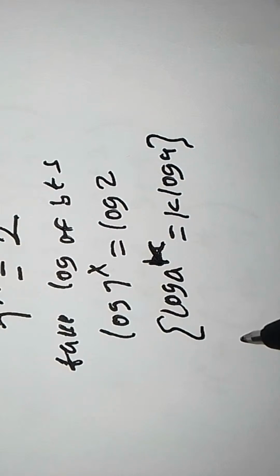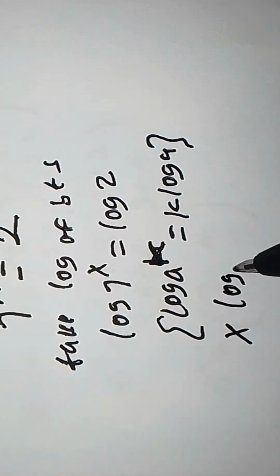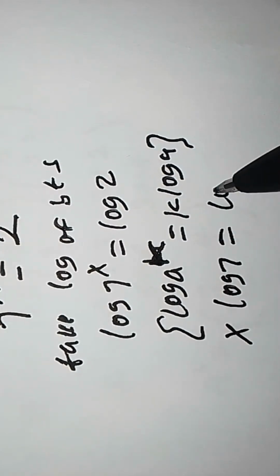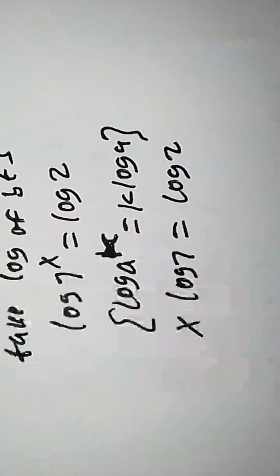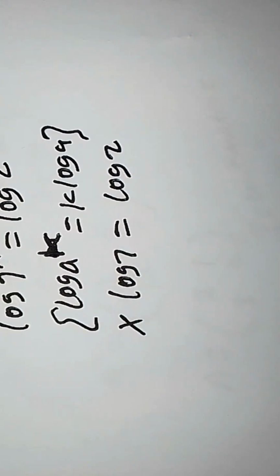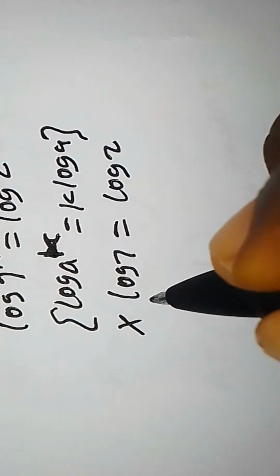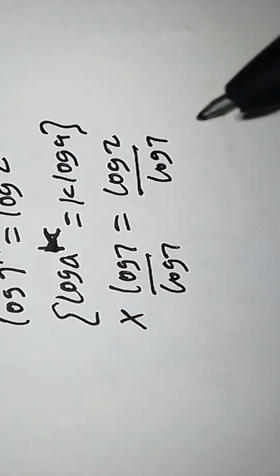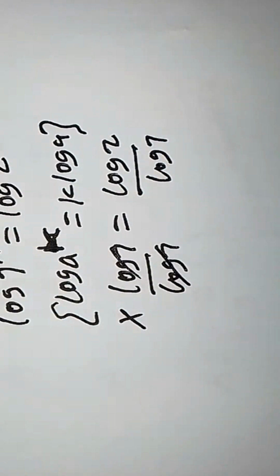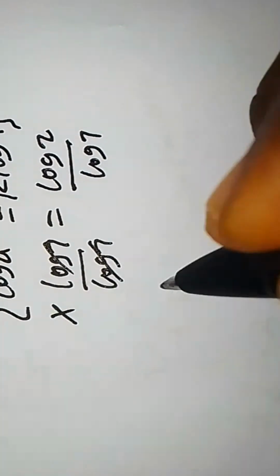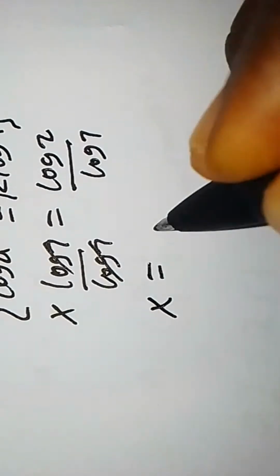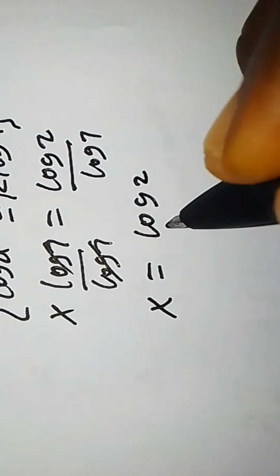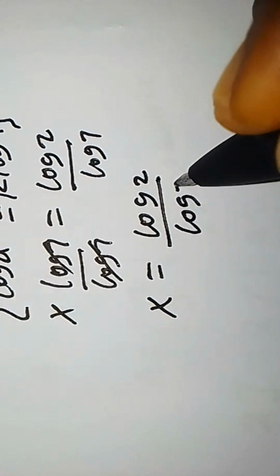If we apply this property, we simply have x log 7 equal to log 2. Now, let's divide both sides by log 7. Clearly, log 7 cancel each other. We are left with x equal to log 2 over log 7.